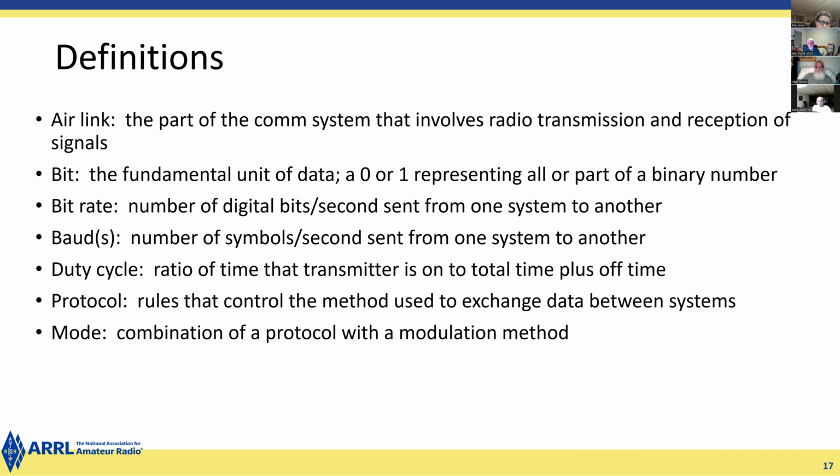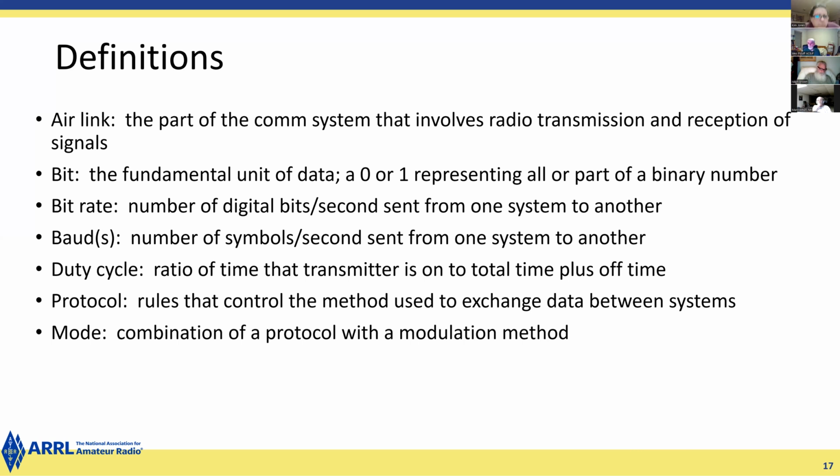The duty cycle is something different. The duty cycle is the ratio of time when the transmitter is on as opposed to the total time on and off. So for instance, when you're transmitting, CW has a duty cycle of around 50%.